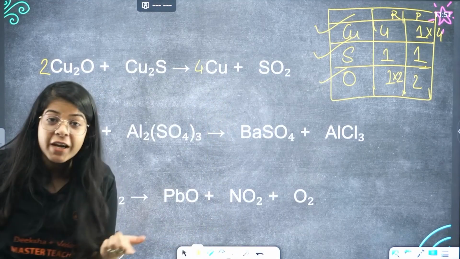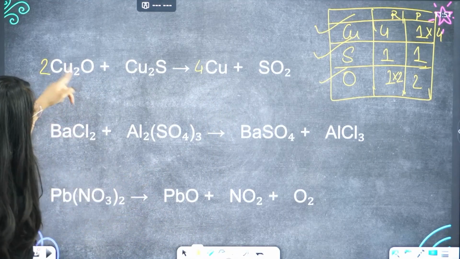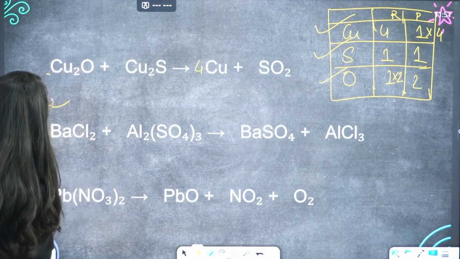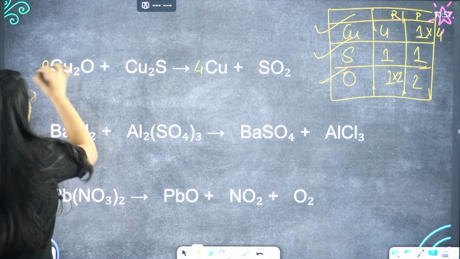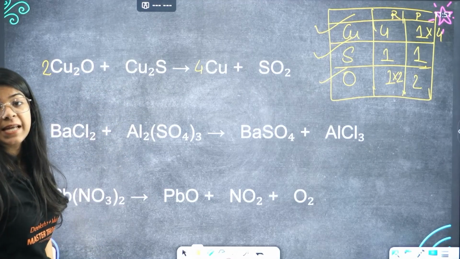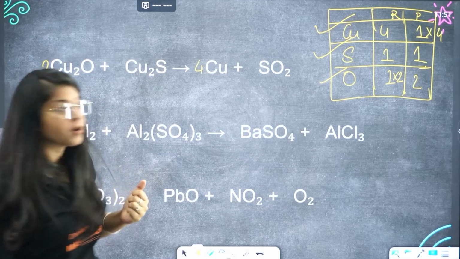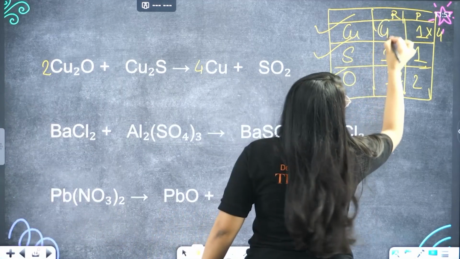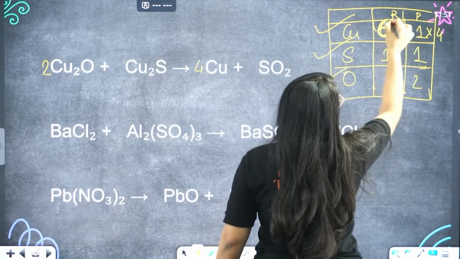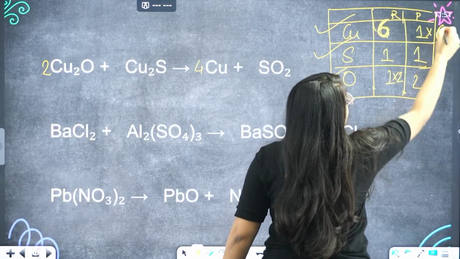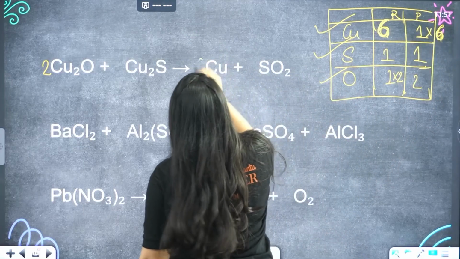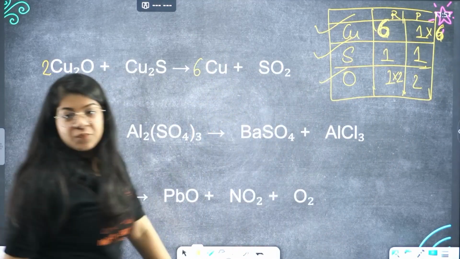But ma'am, wait. In balancing oxygen, we unbalanced copper. Now, there are not 4 coppers on the reactant side. There are 2 into 2, 4 plus 2, 6 coppers here. Now, what should we do, ma'am? Just multiply this one by 6, right? So, instead of this 4, 6.